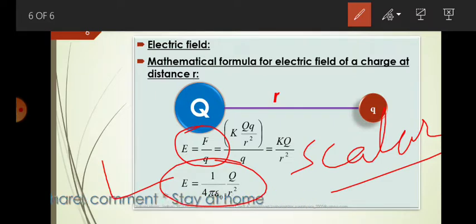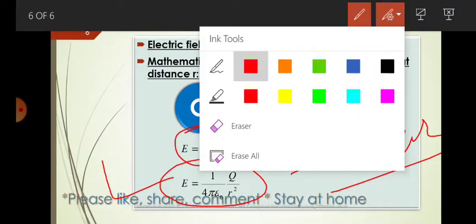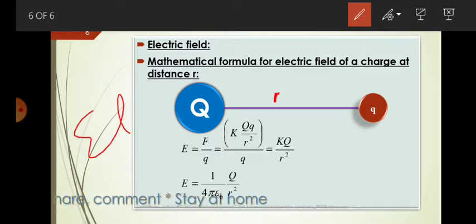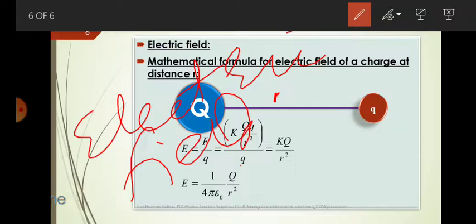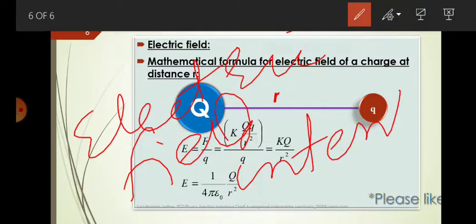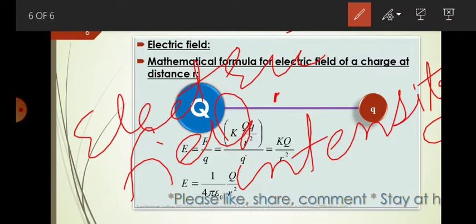So the magnitude of electric field, this scalar quantity which defines the value of the electric field at a point due to a particular charge, is called electric field intensity. So be careful about this.